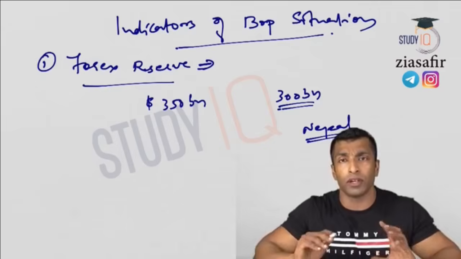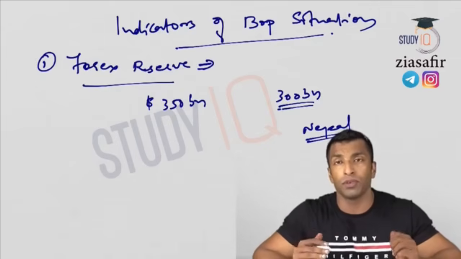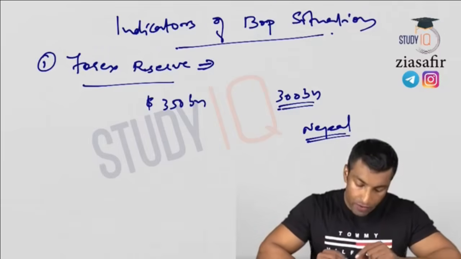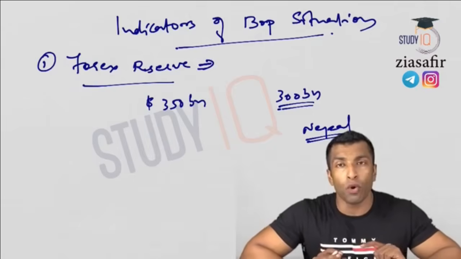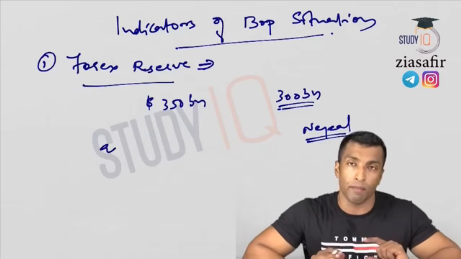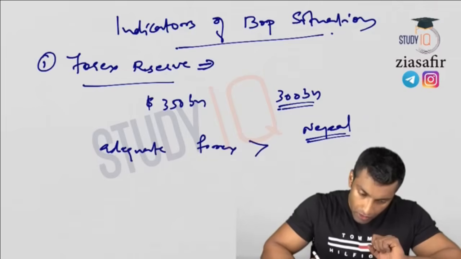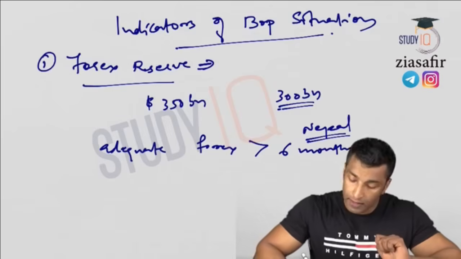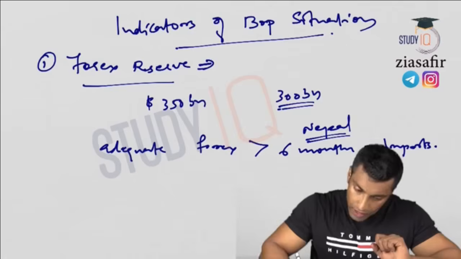What I want to tell you is Forex is relative, but we are understanding it in terms of imports. So what is the actual adequate Forex? The adequate Forex will be more than 6 months of your imports. So adequate Forex will be greater than 6 months of imports.